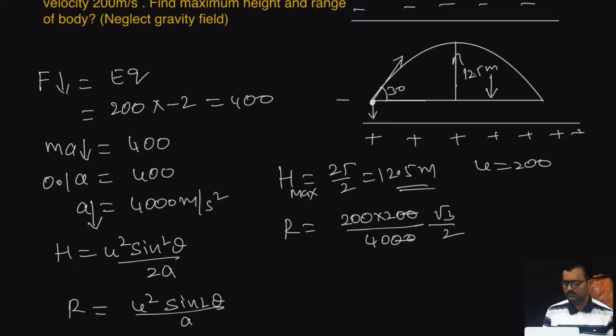Zeros cancel, 2 cancels, and we get the answer 5 root 3 meters. So the range is 5 root 3 meters.